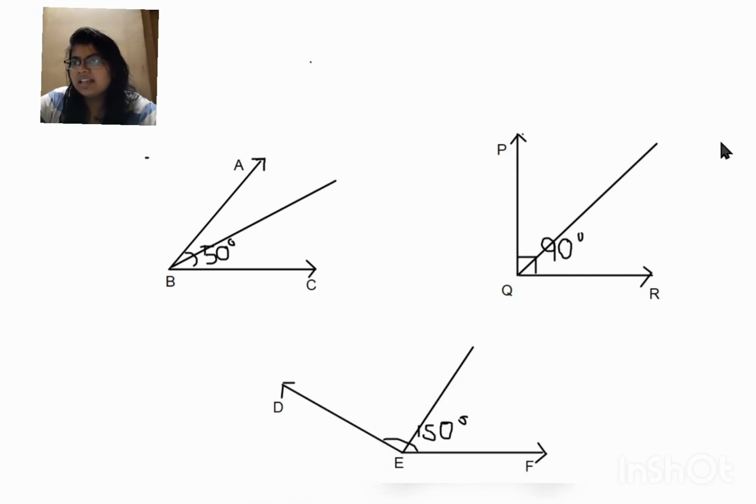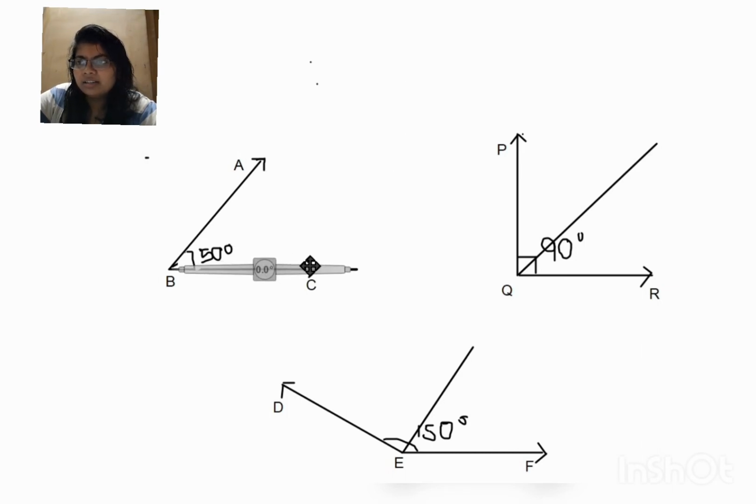I have placed the pointed part of the compass at the vertex of these angles and taken a measurement that is greater than half of the length of segment BC, and you can see me making an arc on the segment. Now using the same measurement, I am making an arc on segment AB as well.